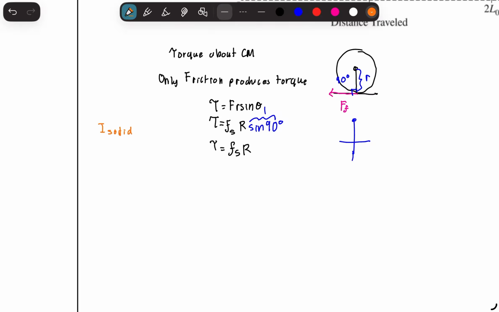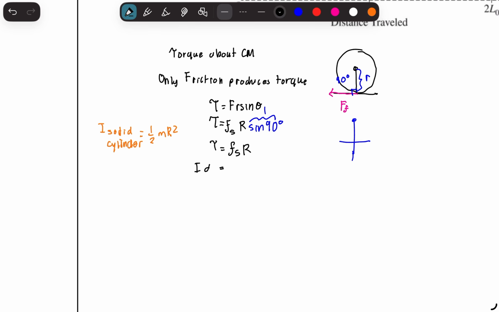So now we know that, again, for a solid cylinder, I at the center of mass is going to equal 1/2 mr squared. So because of that, we can actually substitute that in here. Let's first declare that torque is equal to I times alpha.